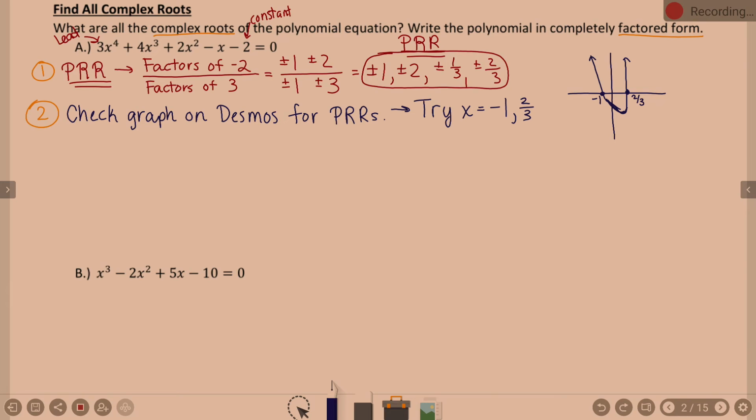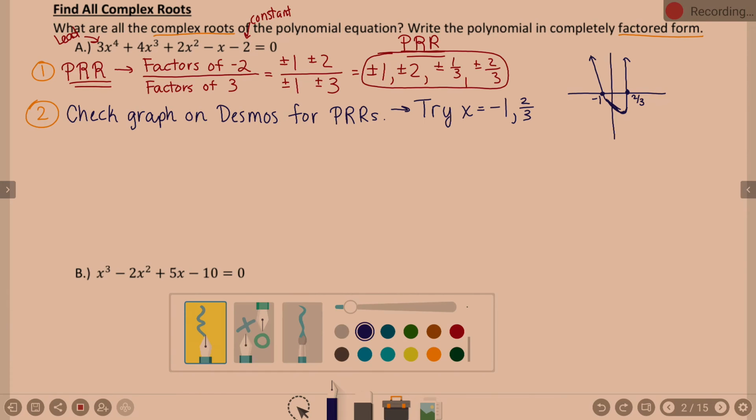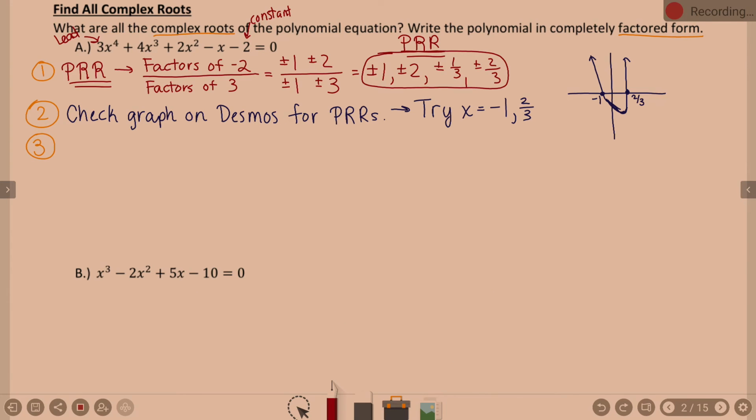Now, that takes us to step 3. We've got a couple of possibilities. What do I do in step 3? Yeah, we're going to do synthetic division with both of these, similar to what we did yesterday. So I'm going to start with my nice, neat whole number. I'm going to do -1.